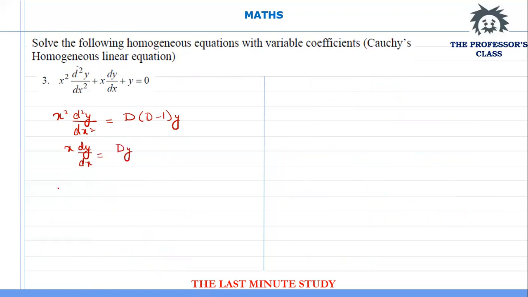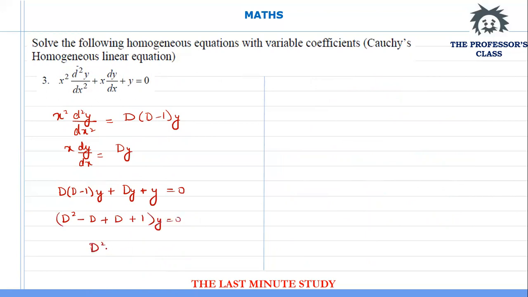Let's substitute the values. So I'll be left with D(D minus 1) of y plus D of y plus y is equal to 0. If I open up the brackets, I'll get D square minus D plus D plus 1 of y equals 0.